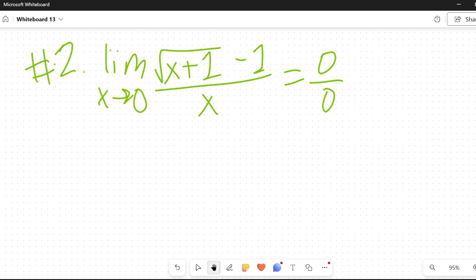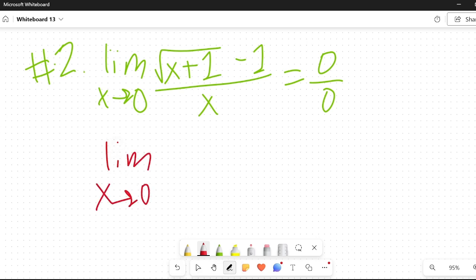What we will do is multiply it by square root of x plus 1. If we do so, we will get a similar g of x: limit as x approaches 0 of 1 over square root x plus 1.